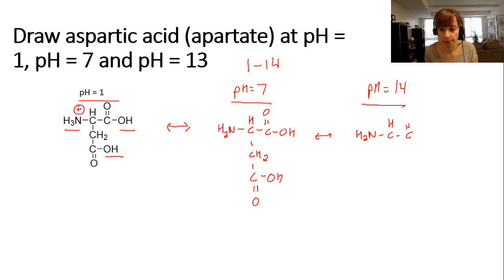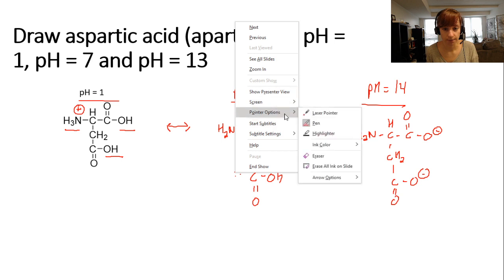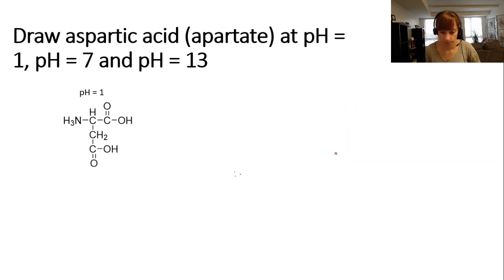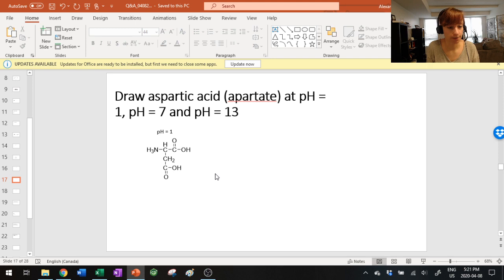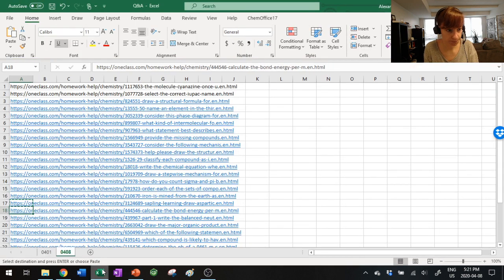It's very basic, so that means that OH is going to turn into O-. CH2 stays the same, and this also gets deprotonated. So it'll have an overall charge of -2. Okay. Next question.